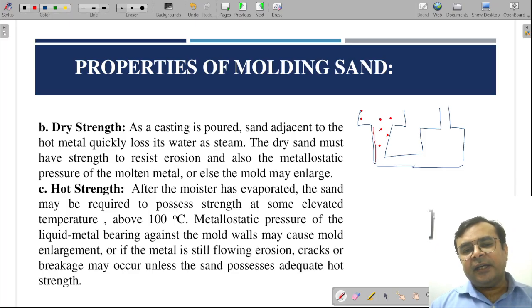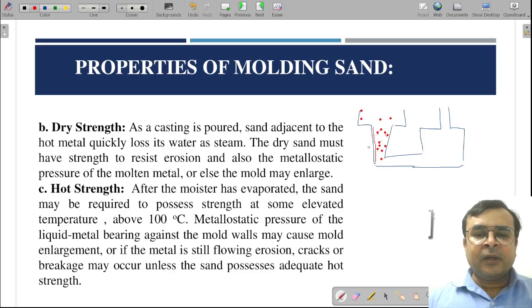When it comes in contact with the molding sand, the entire moisture gets evaporated, and the sand near the molten metal gets completely dried. While the molten metal is flowing, the molding sand should have enough dry strength to retain its position and prevent sand erosion. So this is called dry strength.